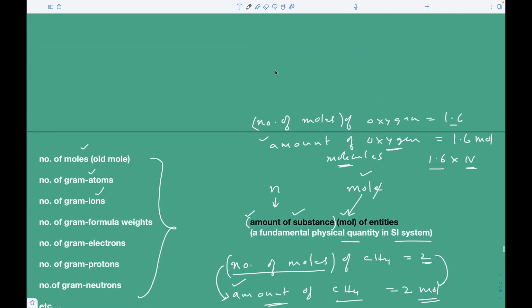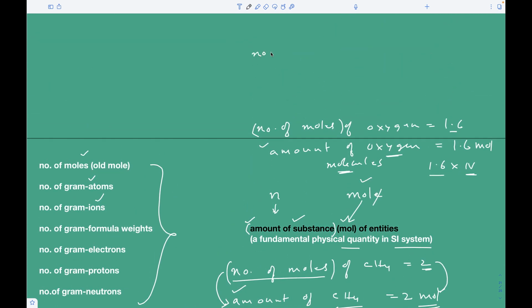Now instead, if you have a sentence like number of gram atoms of oxygen is equal to 2.7, then how do you rewrite this sentence using this physical quantity?